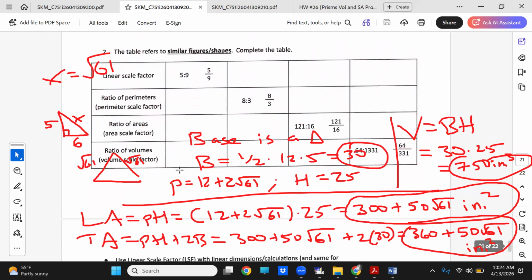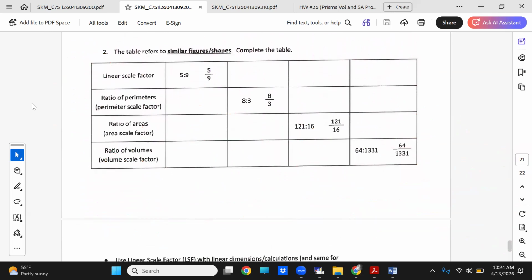Now that we have this discussion, we talk about scale factors, right? Linear scale factor is when you're comparing the sides or dimensions, right? So this is just simply comparing edges, dimensions, sides.